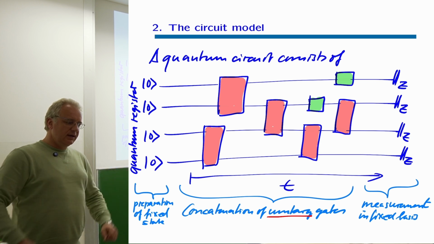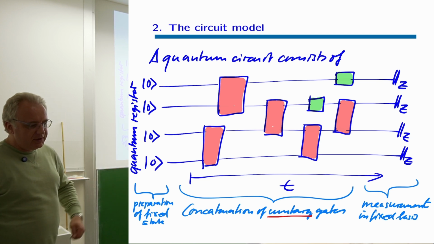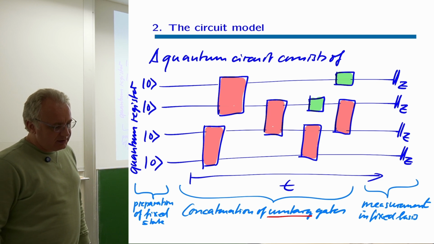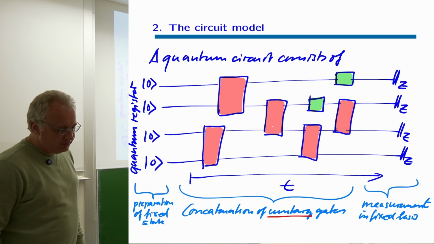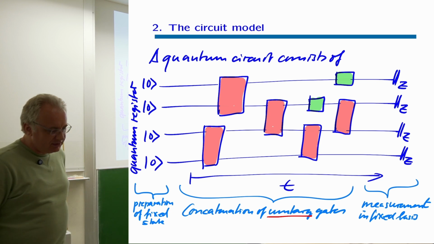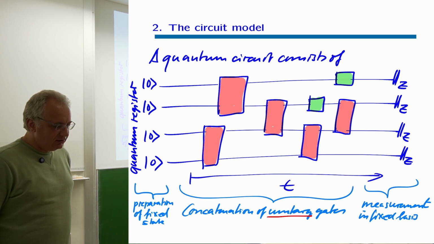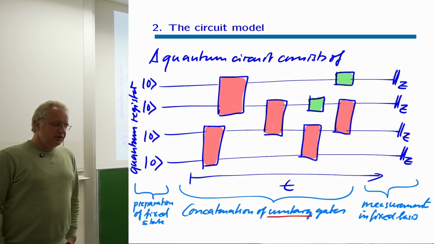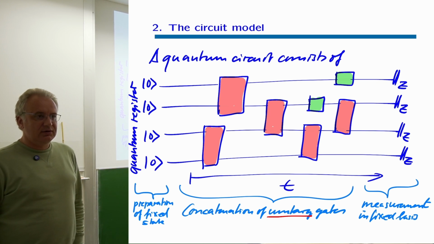There's a mapping that goes between all these models, so that's why it's good to review the circuit model first. That's what everybody learns who starts out in quantum computation. We will also review a computational model, but only very briefly, that's rather different, and that's adiabatic quantum computation.